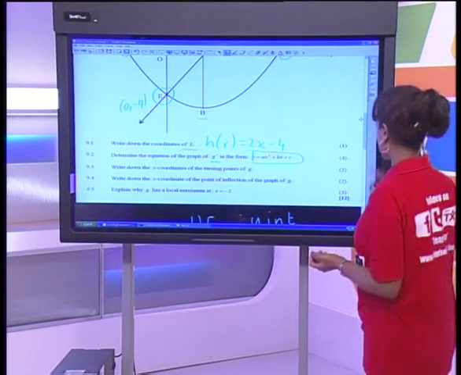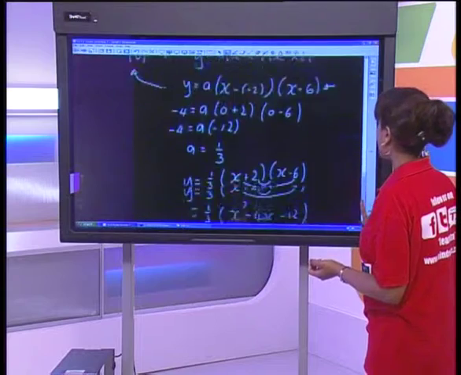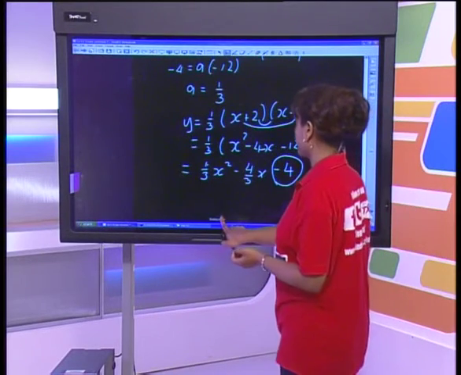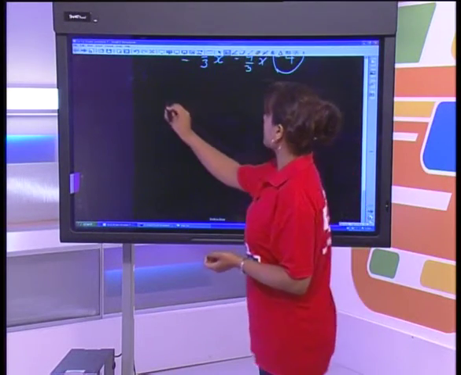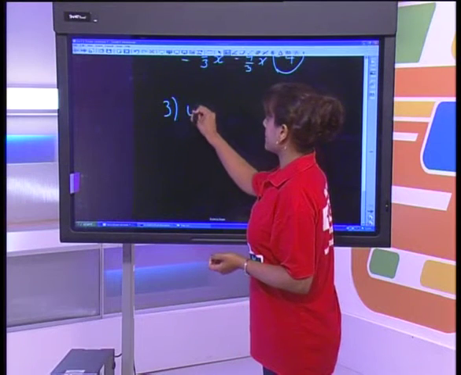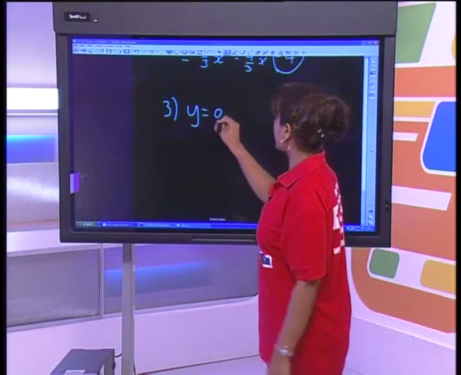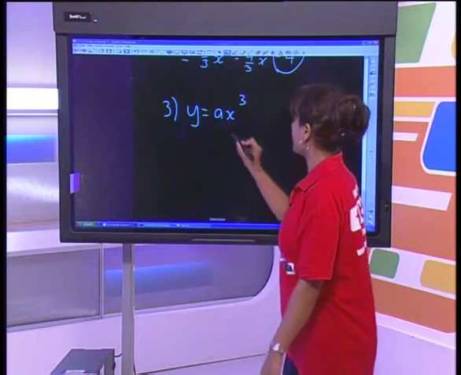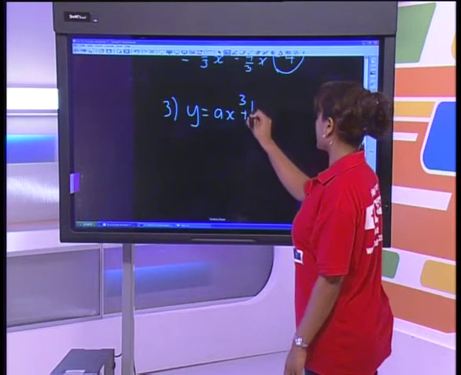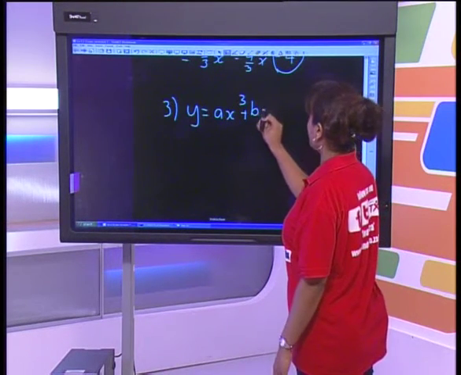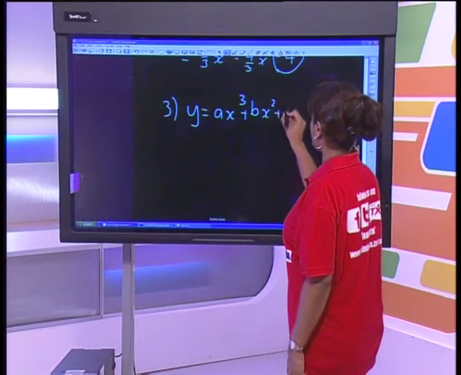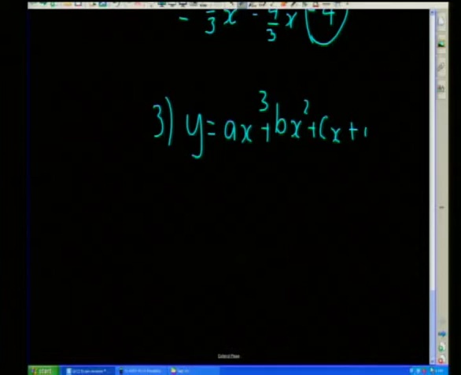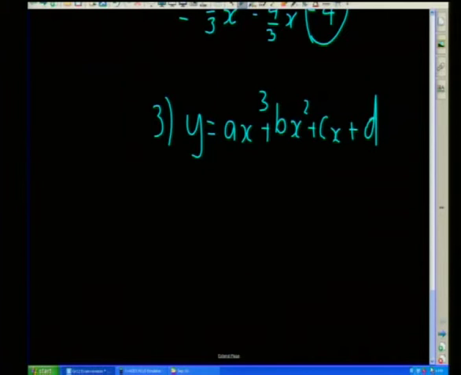Now your original graph was a cubic function. So your original graph had the equation y is equal to ax cubed plus bx squared plus cx plus d. Remember, that's your defining equation of any cubic graph.